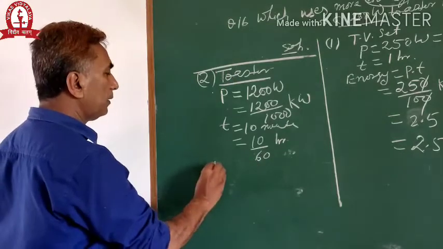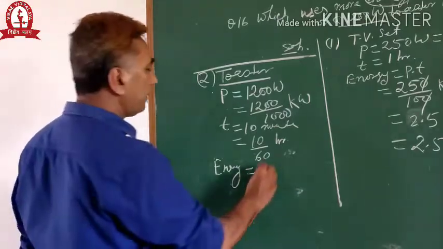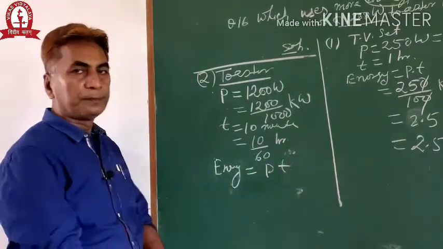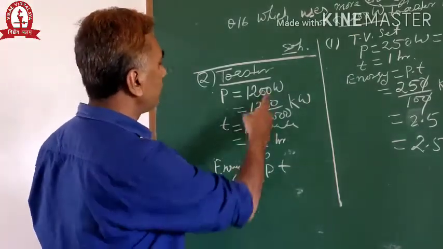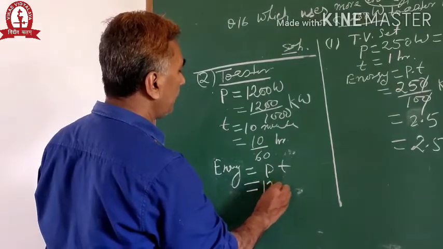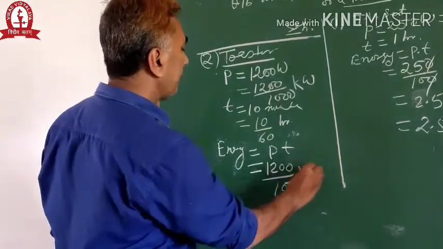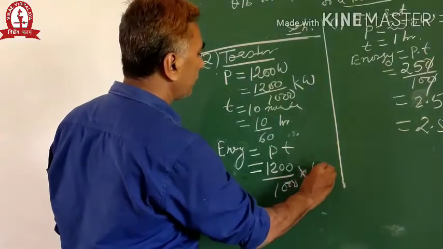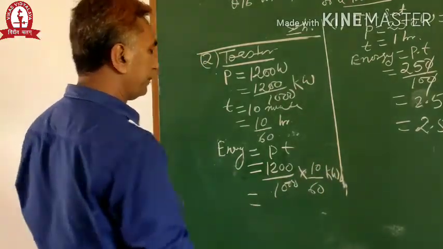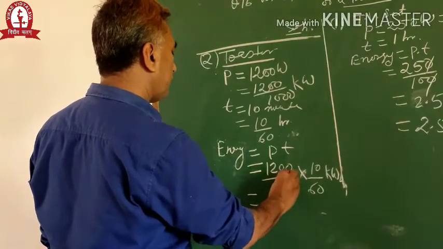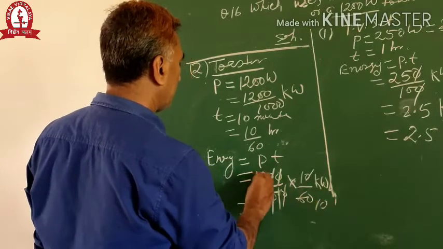Now the same formula I will apply here. Energy is equal to, again, P into T. So this is equal to 1200 upon 1000 multiplied by 10 upon 60 kWh. Now simplify.